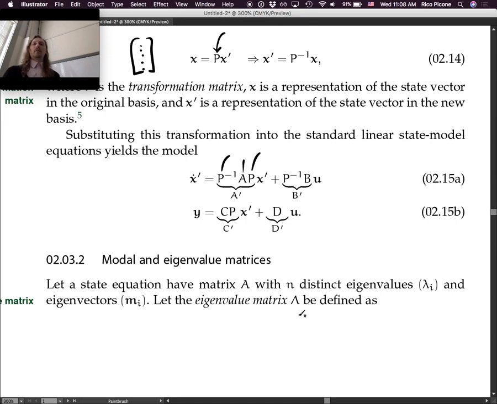So we know 2.15 gives us what that looks like. Yeah? What would be a representation of the inverse of a transformation matrix? They just flip upside down, or one over, so matrix inverse.